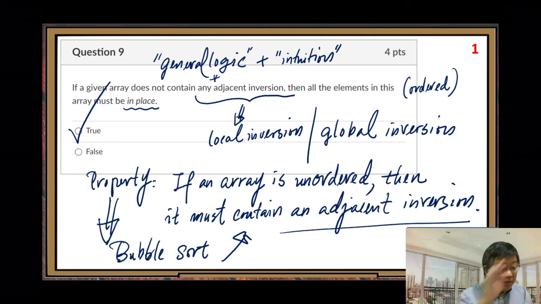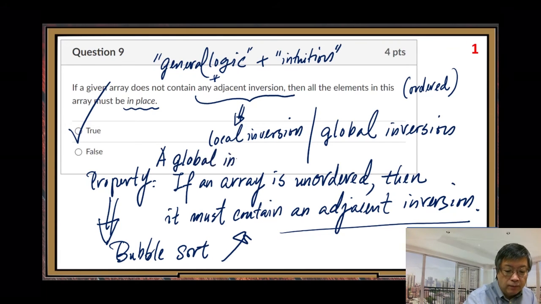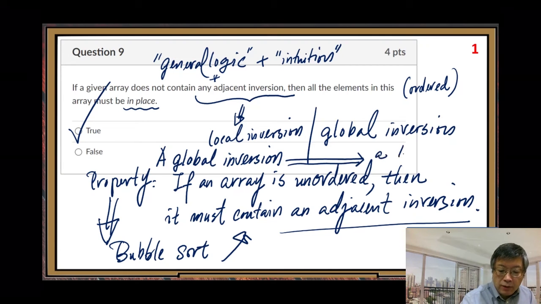Here, let me write it this way: a global inversion implies a local inversion by the transitivity property.